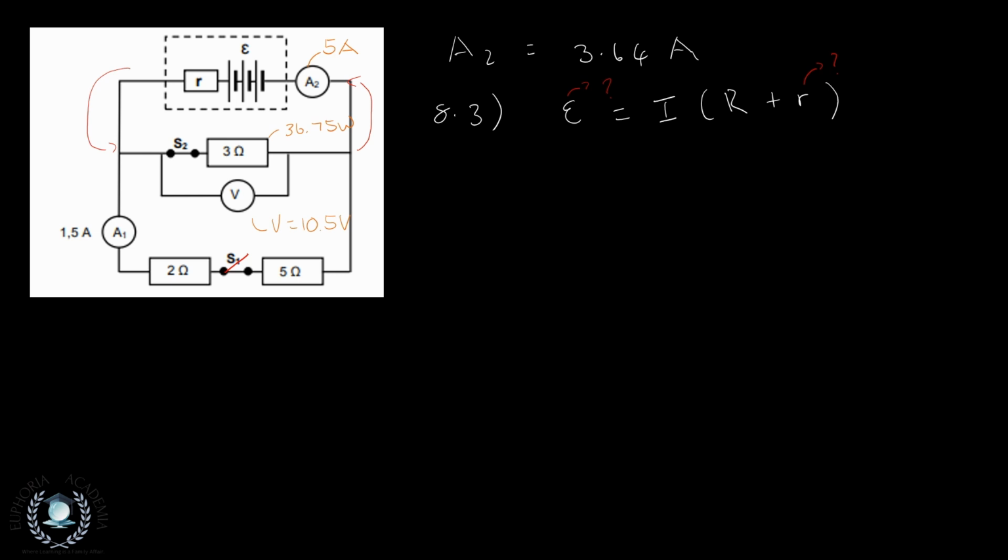One thing that we need to know is that our epsilon and the internal resistance of the battery are something that is unique to the battery. It's a characteristic of the battery, and it will always stay the same for the same battery.